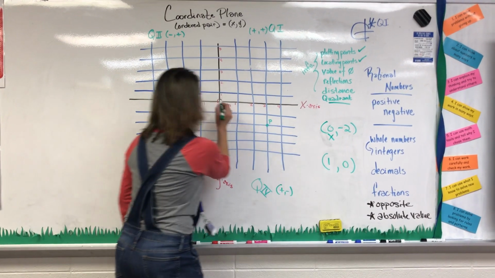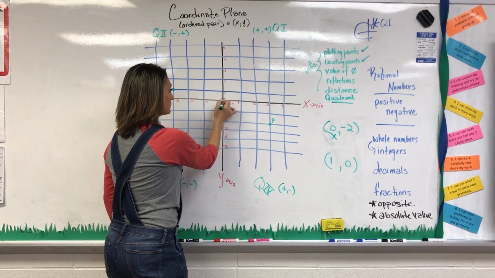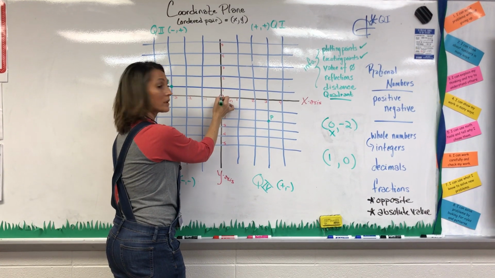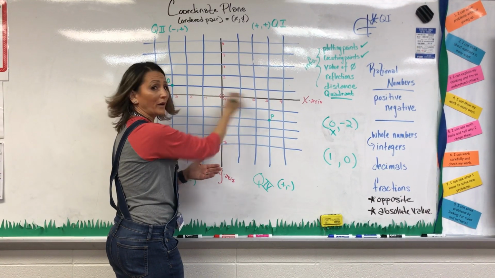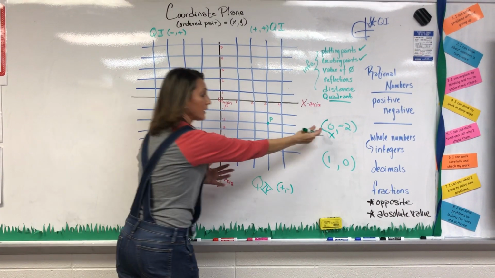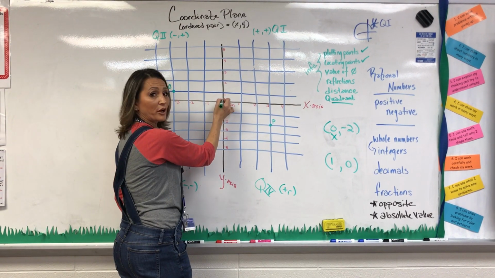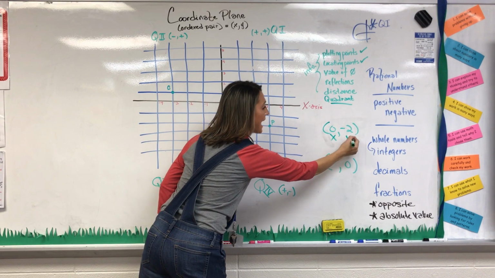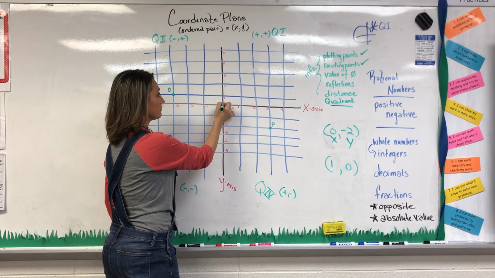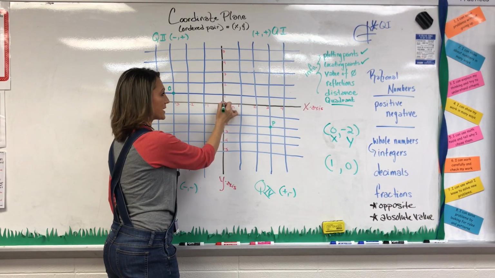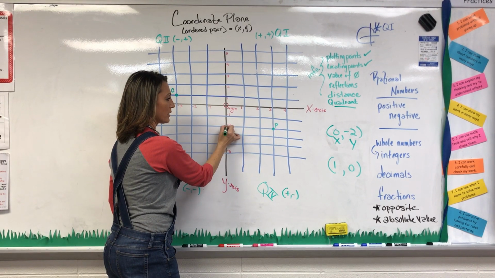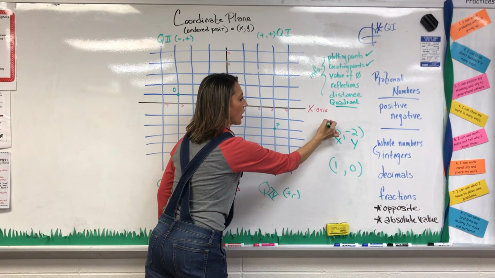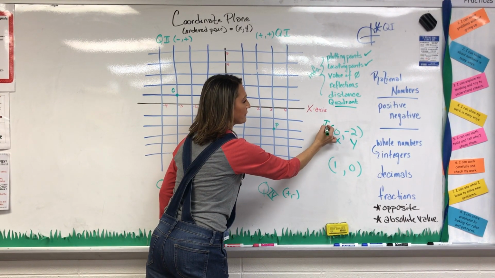My x is 0. Oh, it's 0. I'm not going left or right at all. I'm not moving. I'm right there on the origin. X didn't go anywhere. My y is a negative 2. Up or down? Well, it's a negative 2. Again, I'll call it J for Jen.